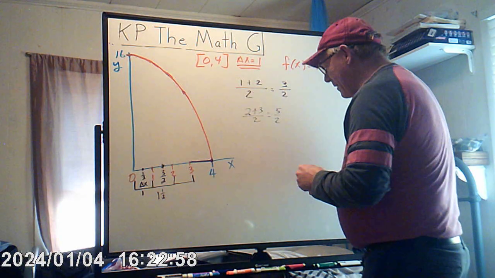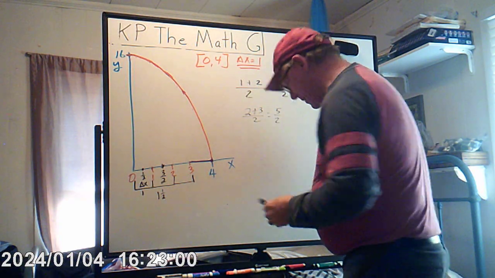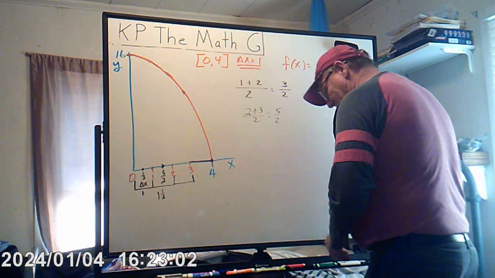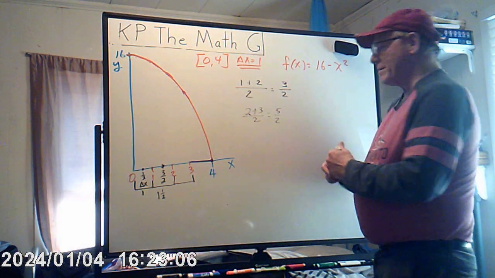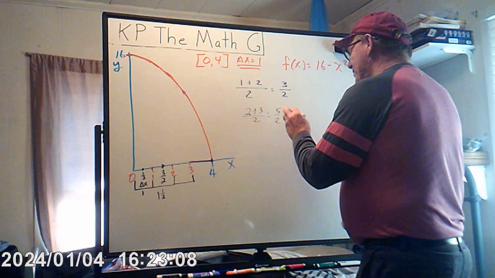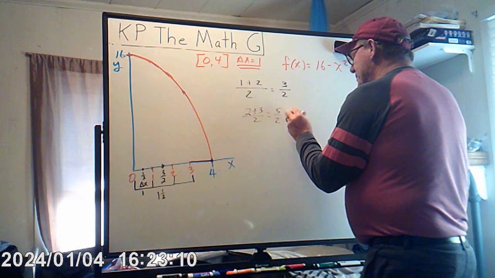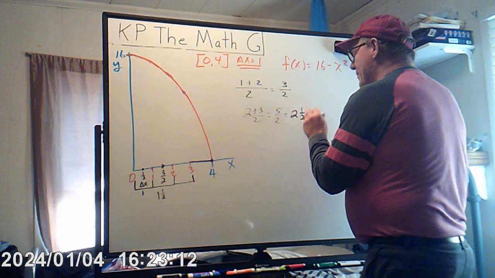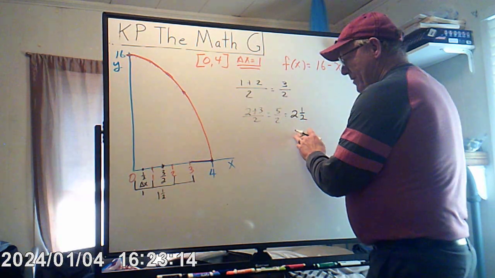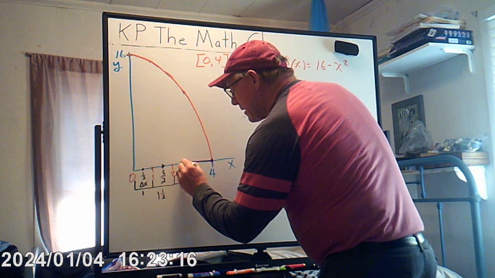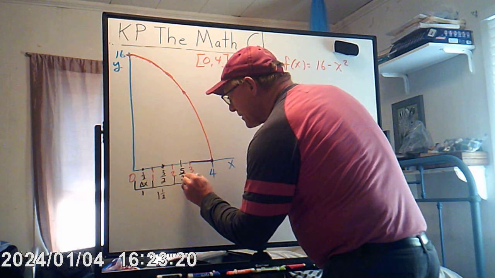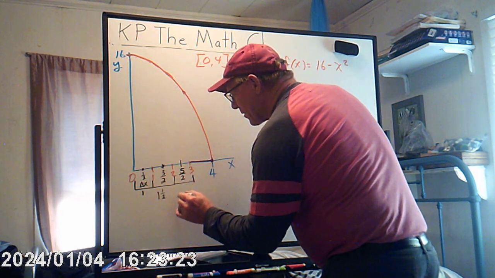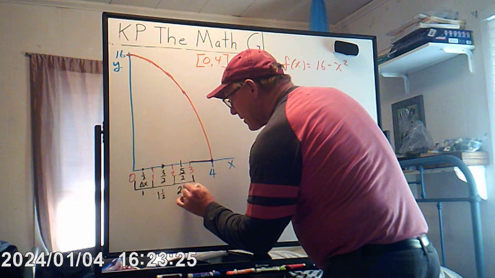Let's get a different color. I want another black color. We're going to put that at the end of the line because it's just not showing up well. So 5 halves, which is 2 and 1/2. A little bit better, isn't it? So 5 halves is right here. 5 over 2, and that's also 2 and 1/2.